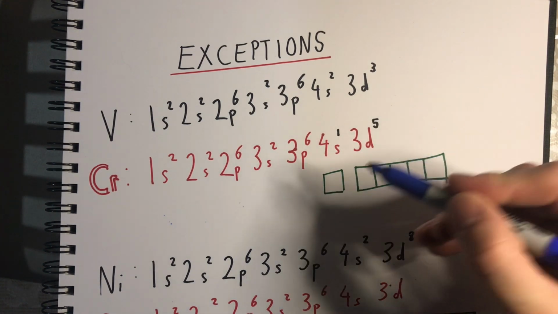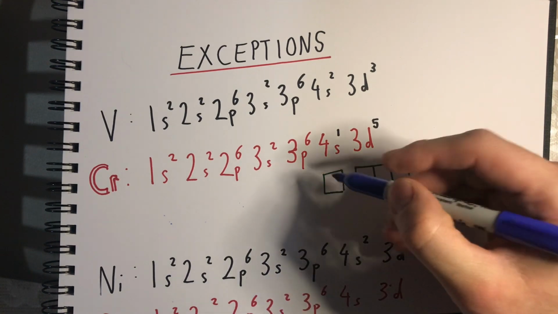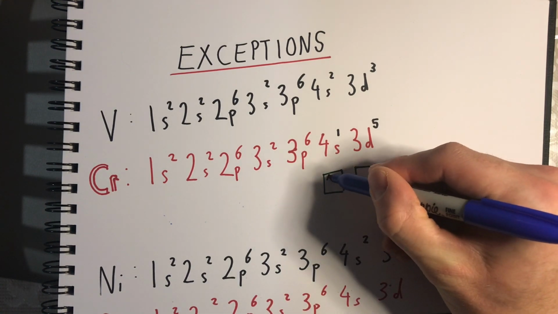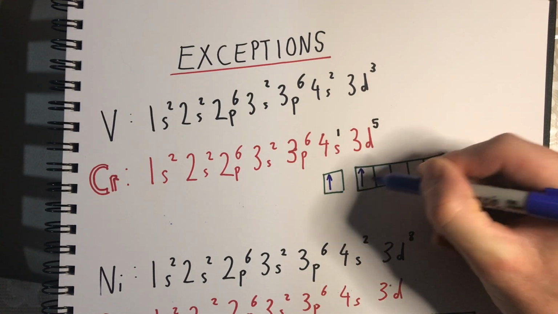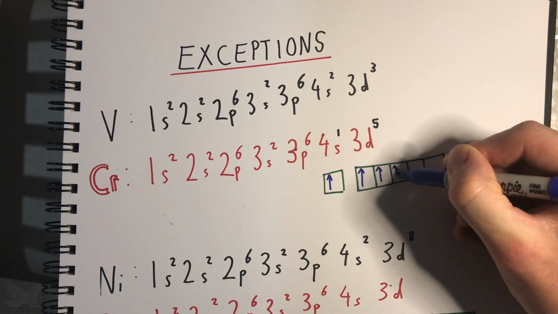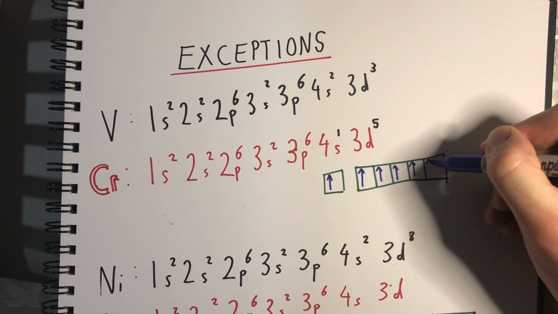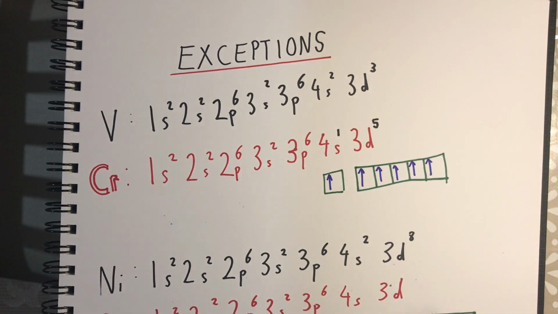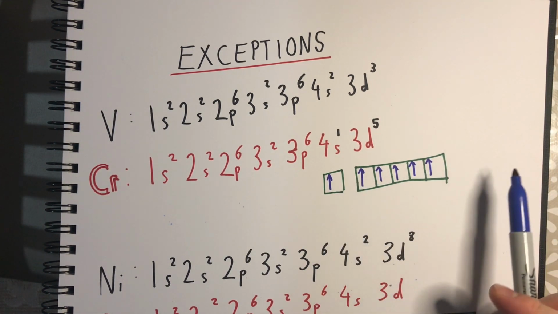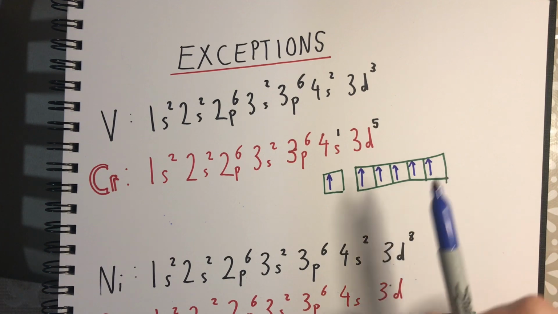So how that would look if you had the boxes and the arrows would be like this. You can see the arrangement now leads to the 3d subshell being half full.